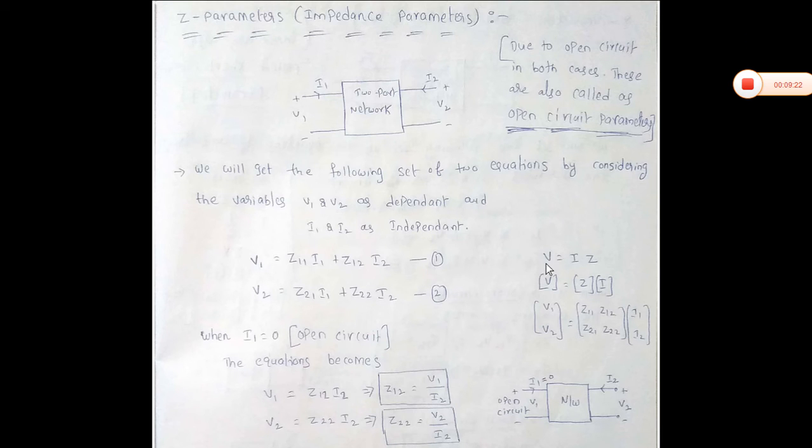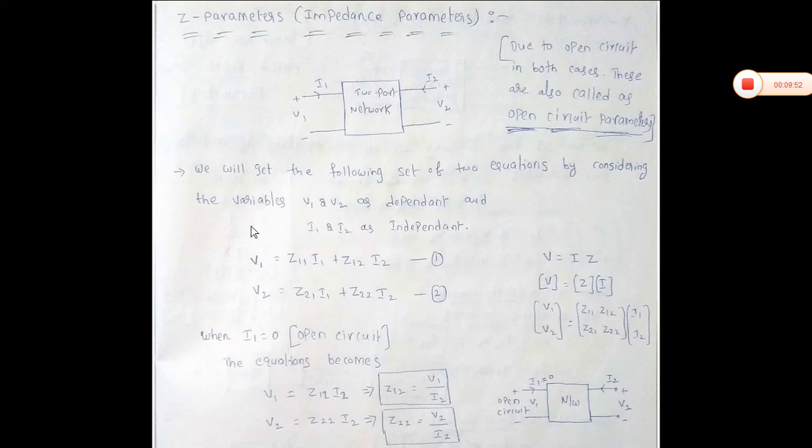We already know that V equals I into R in a DC network, but in an AC network V equals I into Z. So in matrix form, V1, V2 equals the matrix Z, that is Z11, Z12, Z21, Z22, times I1, I2.